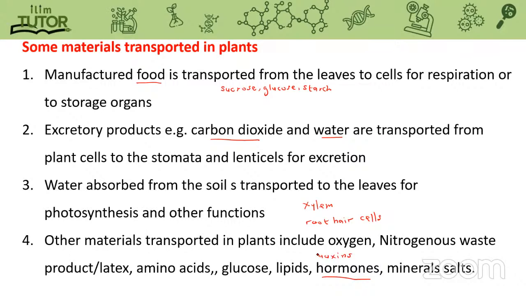Many of these hormones are actually transported through the sap, either by diffusion or active transport. In any case, they are transported through a transport system which involves the phloem tissues. And the same goes for glucose and amino acids.